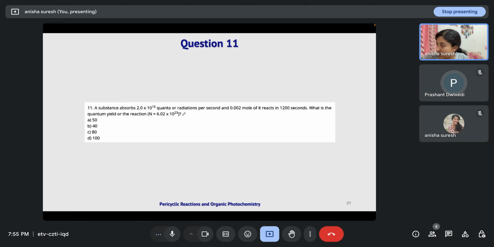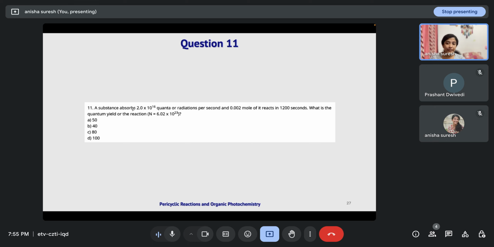Now coming to the next question. This is a problem that you have to solve. Here they have given that a substance absorbs 2 into 10 power 16 quanta of radiation per second, and 0.002 mole of it reacts in 1200 seconds.